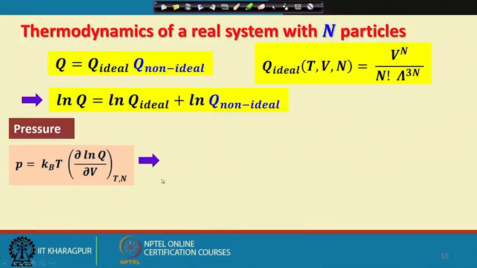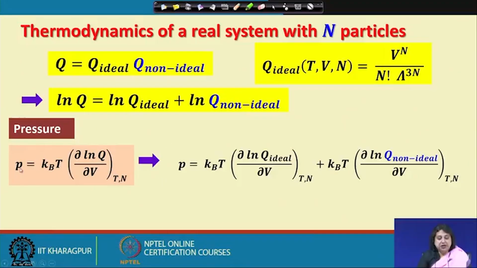And therefore, if I look into thermodynamic properties like pressure, say, I can very easily say that pressure will have two independent terms. The first term is the one that is obtained from Q ideal, and the second term is obtained from Q non-ideal.